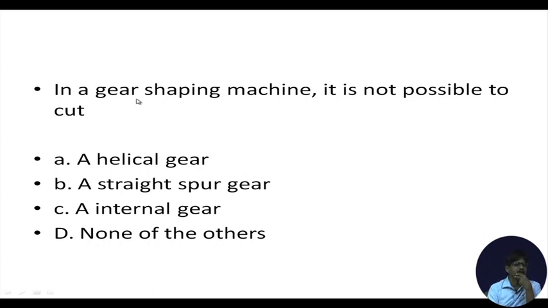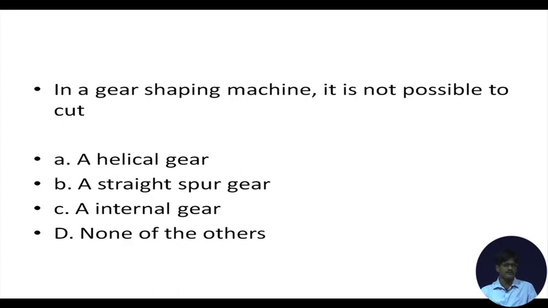In a gear shaping machine, it is not possible to cut a helical gear, a straight spur gear, an internal gear, and none of the others. We can cut, so first of all, helical gear. Helical gears can be cut on shaping machines, though not as simply or elegantly as on the hobbing machine.